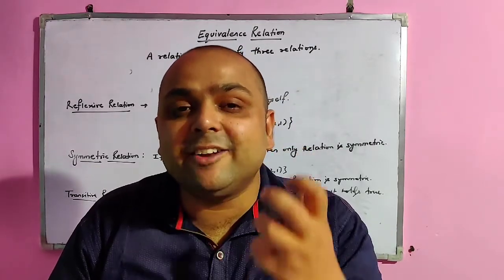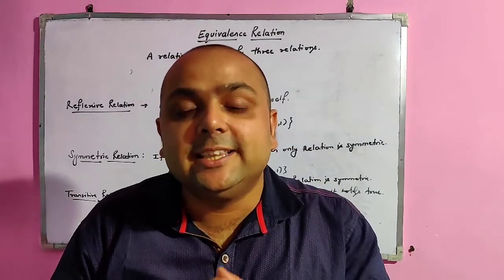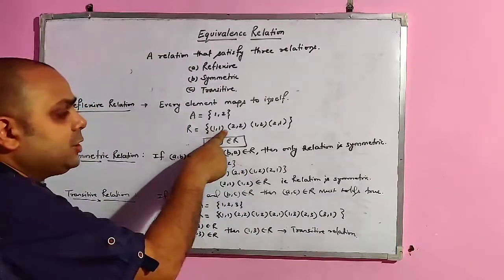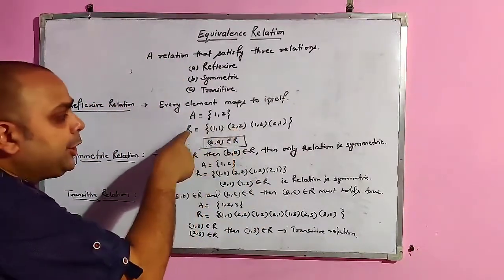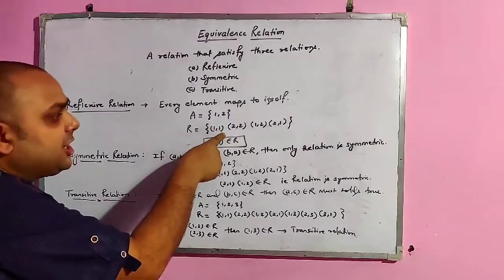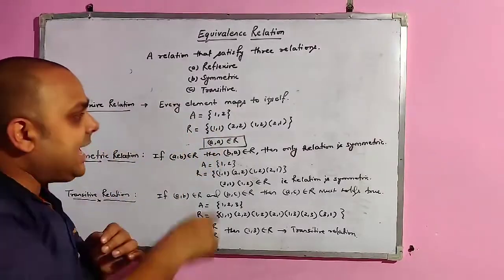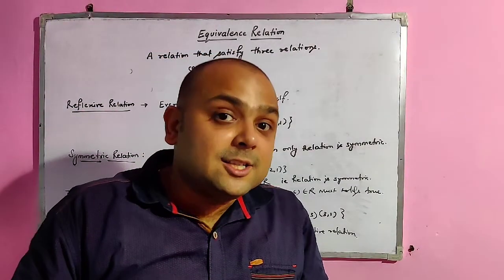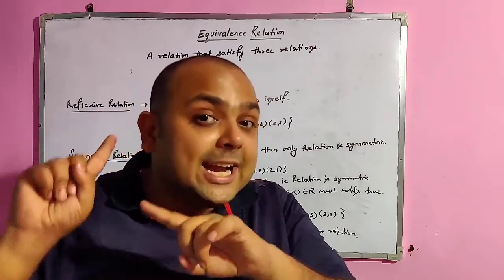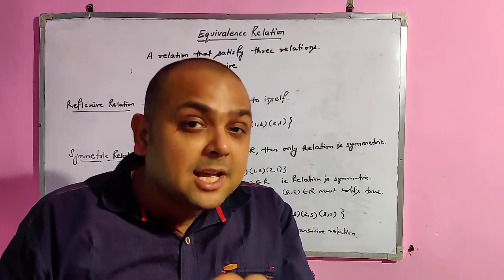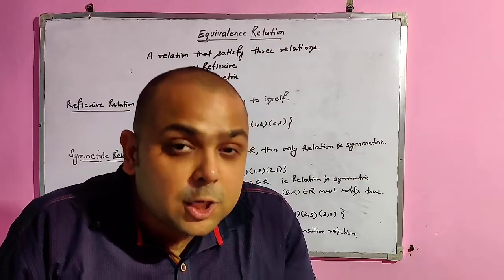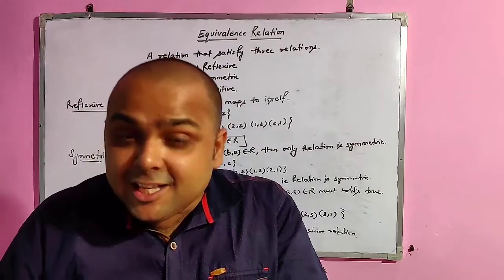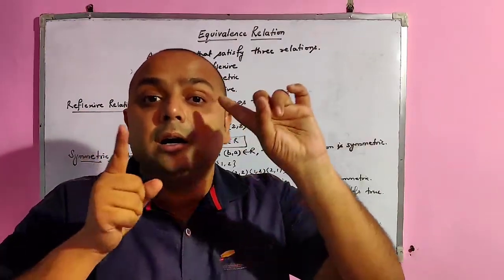The reflexive relation states that the element maps to itself, that is (1, 1) and (2, 2) are components of this relation. So this relation is called reflexive, as the same element is mapping to itself. Just like we discussed in the identity relation, the elements are in relation with themselves.